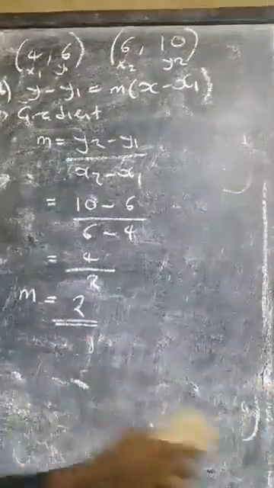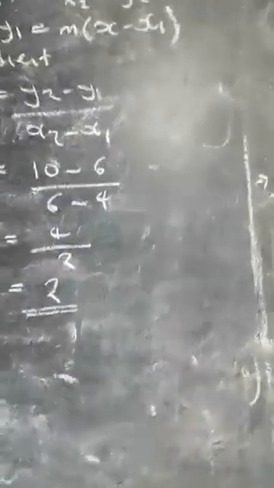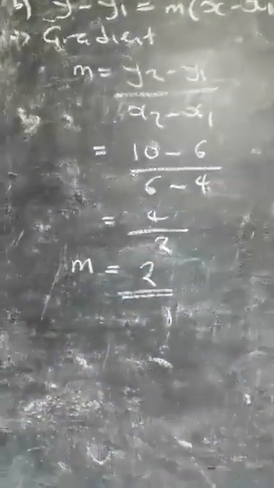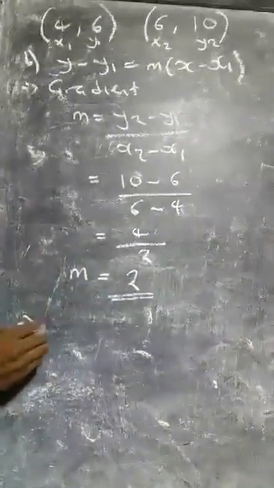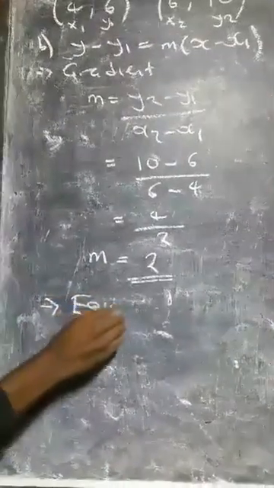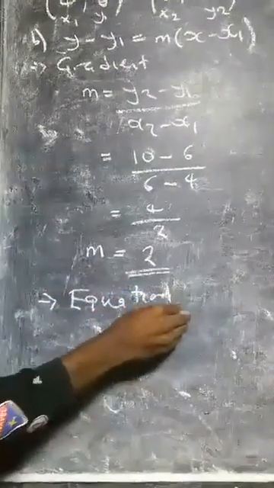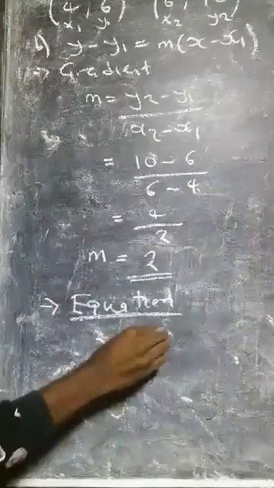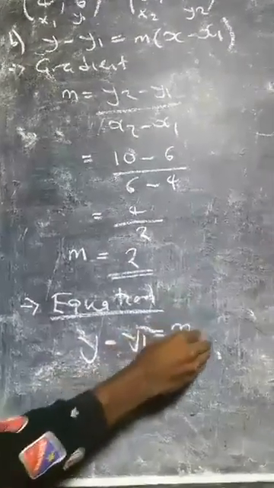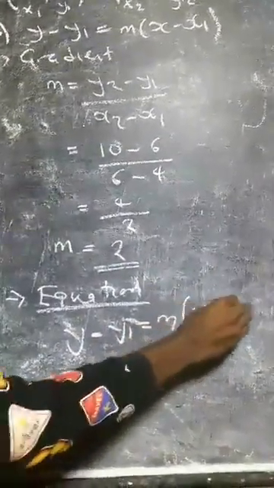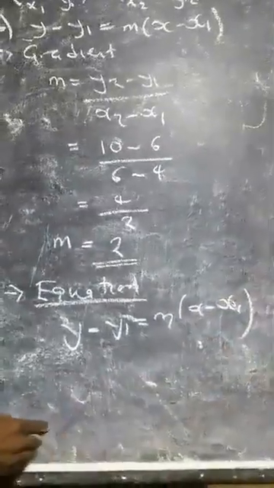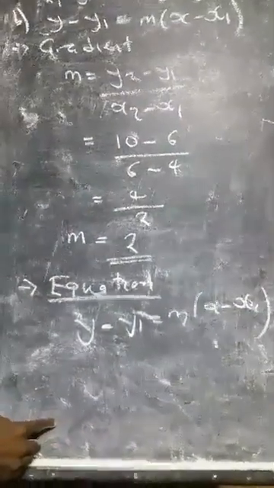So we can now find our equation, of which we know that equation: y minus y1 is equal to m times x minus x1. So let's use (4,6).